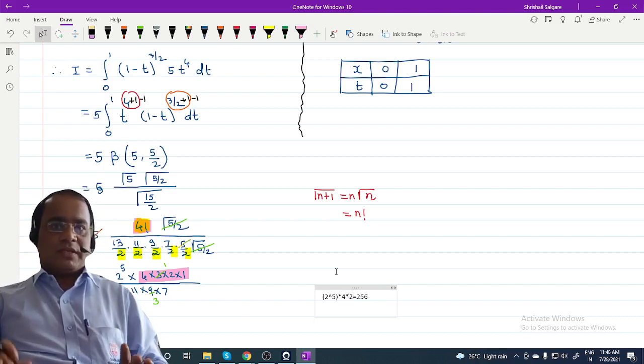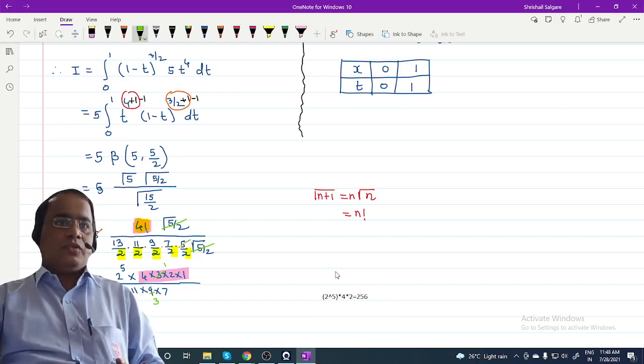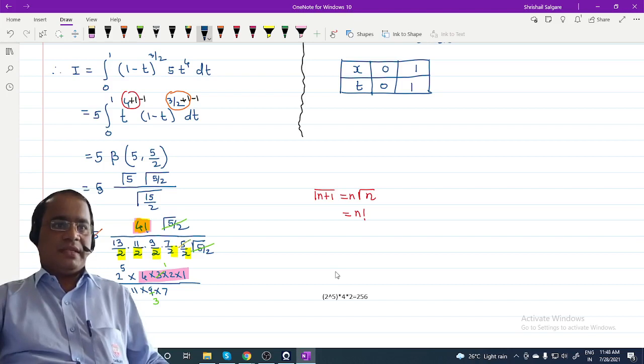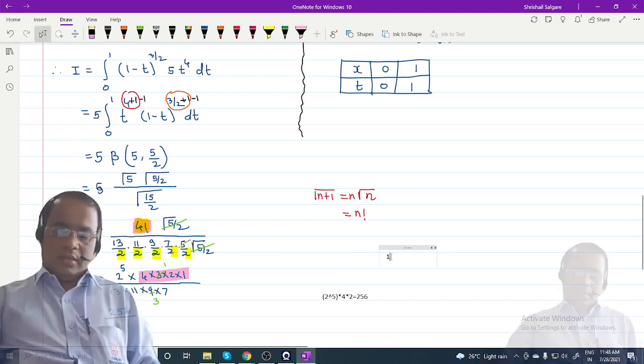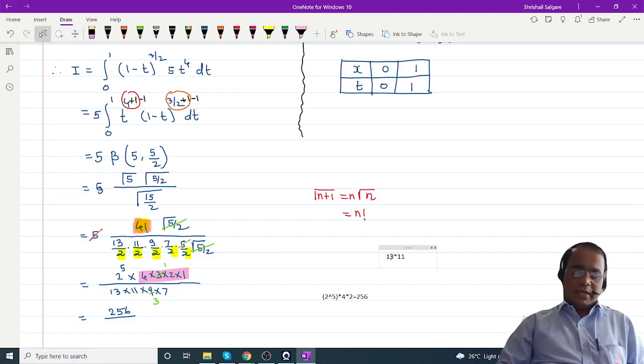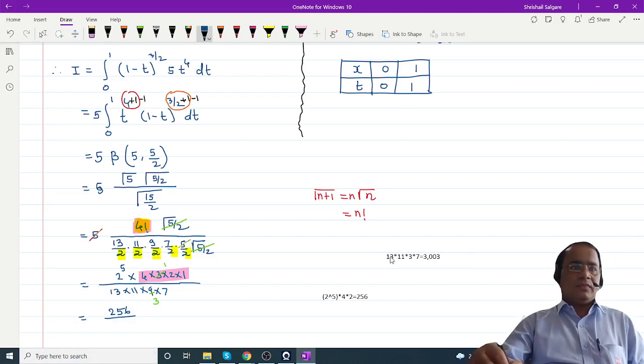What does it come to? Verify it. 256. Is it right? It comes as 256, and the denominator, here only I will calculate, is 13 into 11 into 3 into 7. Now let me know whether I am correct or wrong.